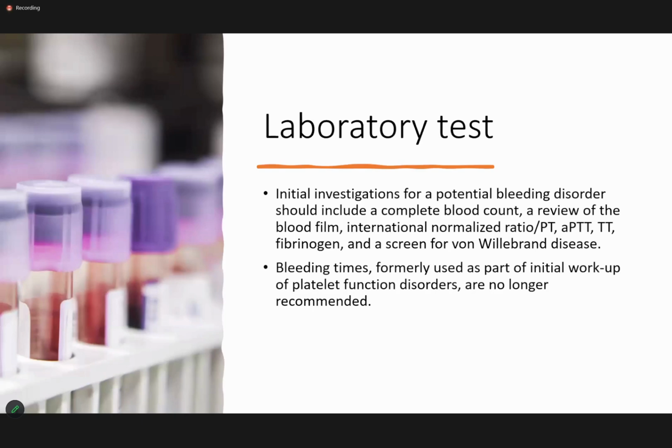In terms of laboratory tests related to platelet problems, the initial investigation for a potential bleeding disorder should include a full blood count, a review of the blood film, screening for INR, PT, APTT, thrombin time, and screening for von Willebrand disease as well.